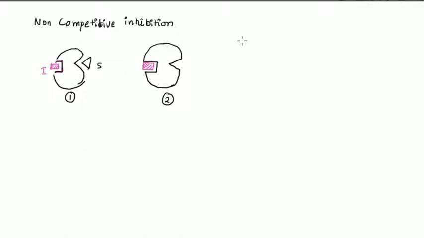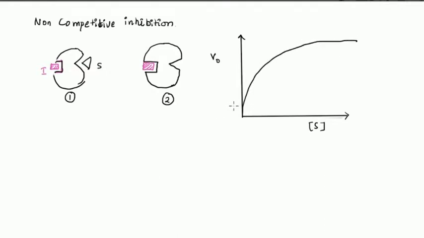Now, if we draw the curve of this, let's draw the Michaelis-Menten curve first. We have V naught and the substrate concentration. The normal kinetics would be the same, where this is Vmax and this would be, say, Km.